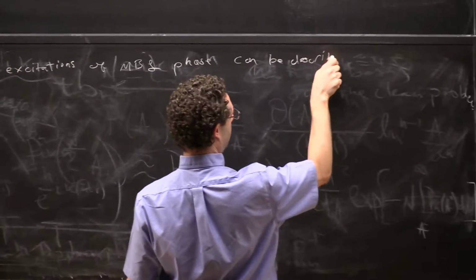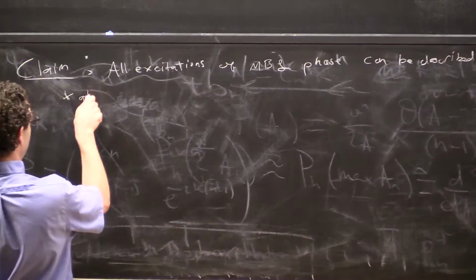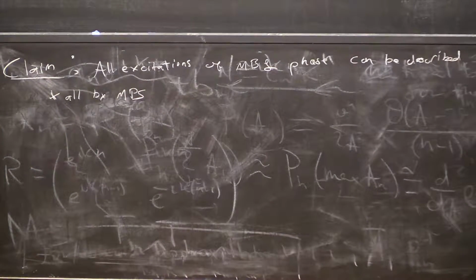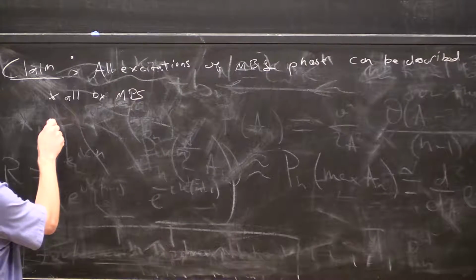First, they're all going to be matrix product states. A matrix product state is a one-dimensional tensor network. It's the thing that DMRG spits out when you run it. If you don't know what a matrix product state is, that's okay. I'll tell you in detail in a moment. But they can all be described by matrix product states.